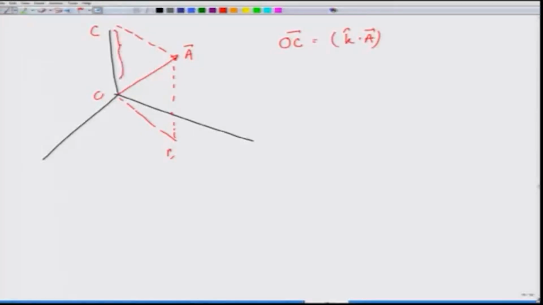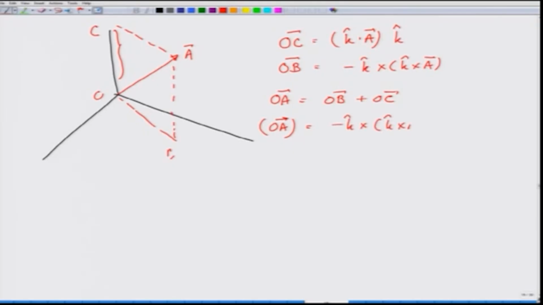This is nothing but OA sin theta in the direction k, and OB we have just shown is nothing but minus k cross A, and OA is nothing but OB plus OC. So, a vector OA is nothing but minus k cross A plus k dot A k.